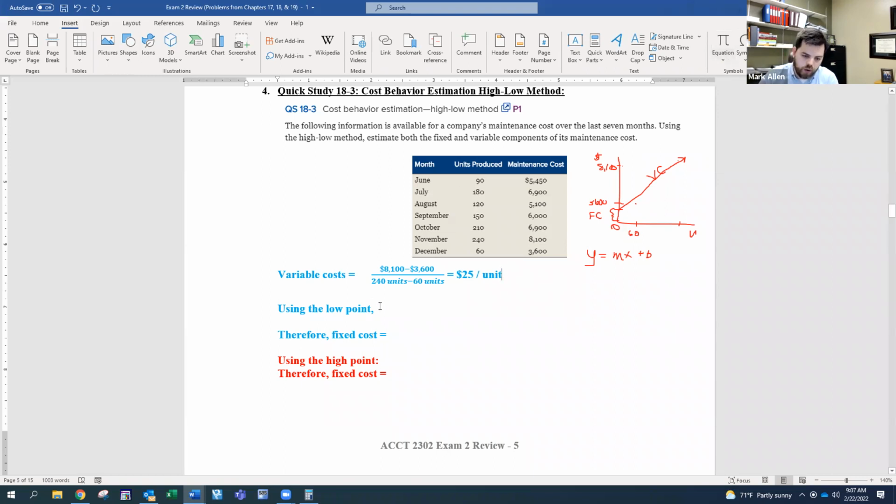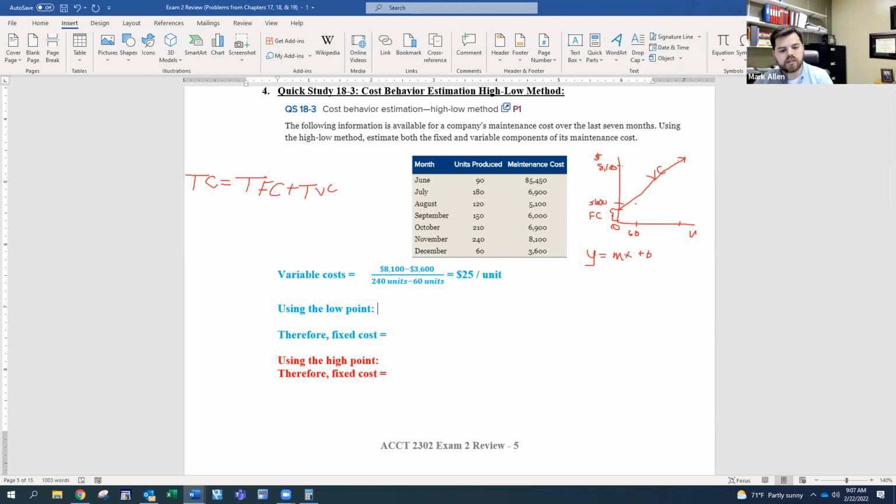I've set it up so that we can do that. So using the low point, what we end up with is this. If you recall, your total cost equation is that total cost is equal to two things: total fixed cost plus total variable cost.